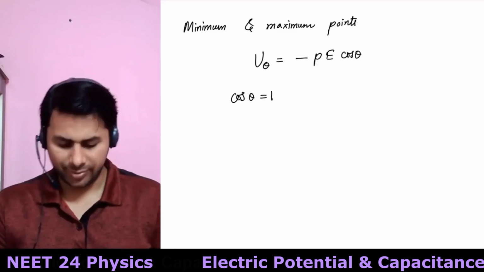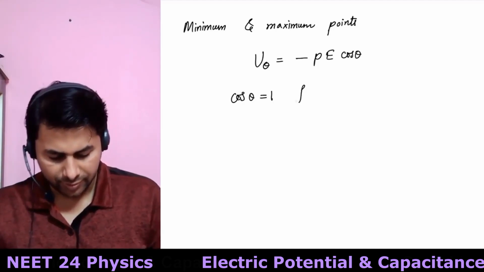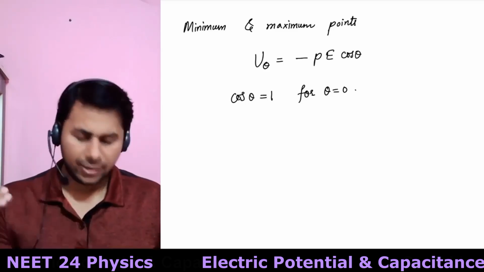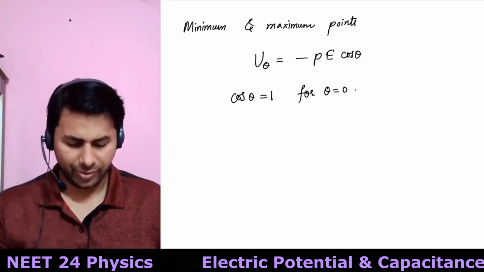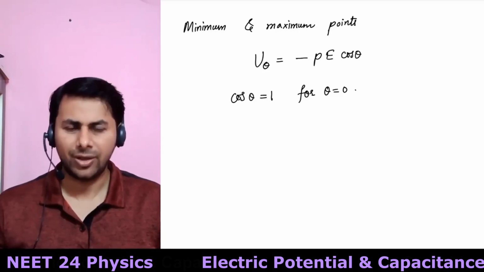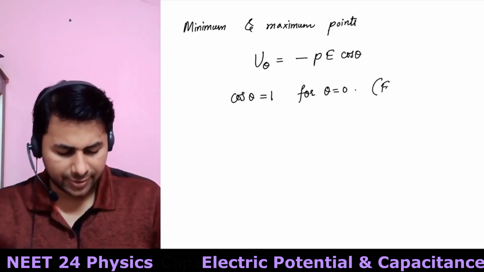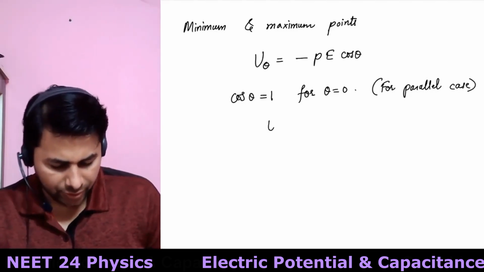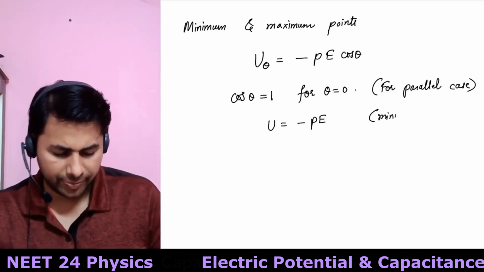And this is the minimum. This happens when theta is equal to 0. That means the dipole and the external electric field are parallel to each other. So this is the parallel case, right? So U is equal to minus P E. This is the minimum.